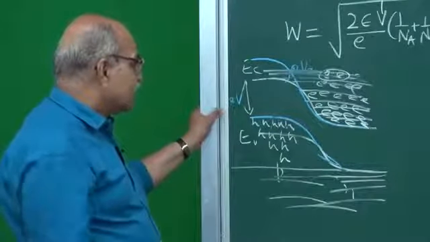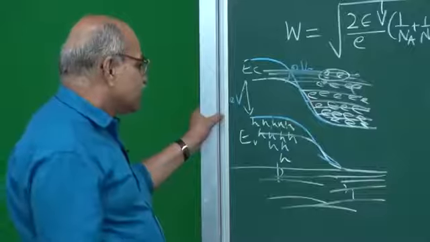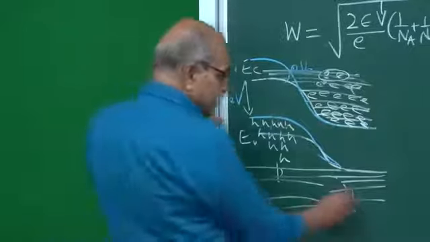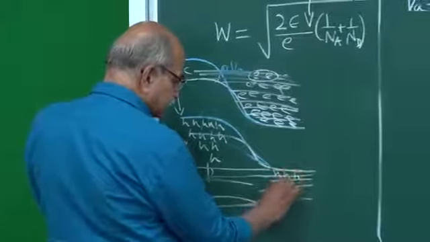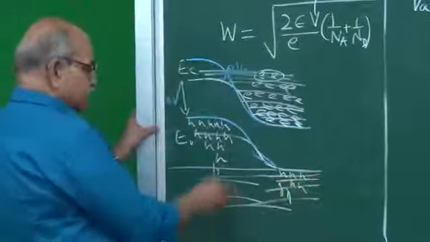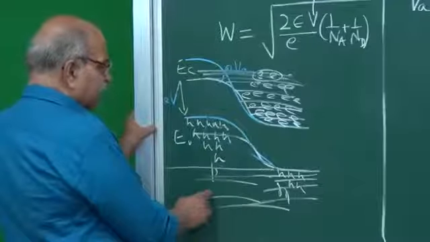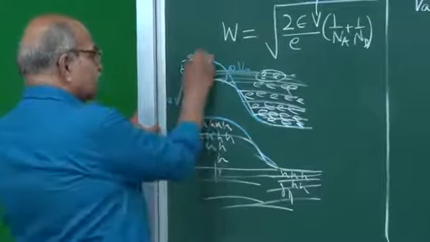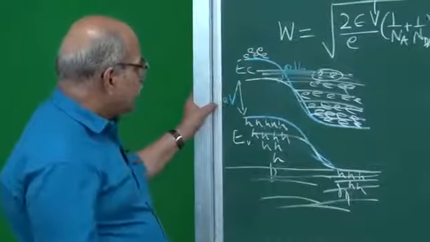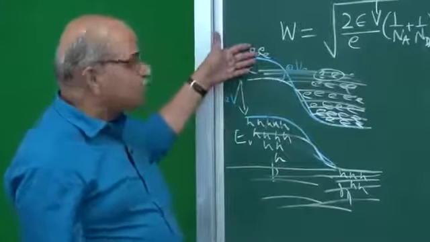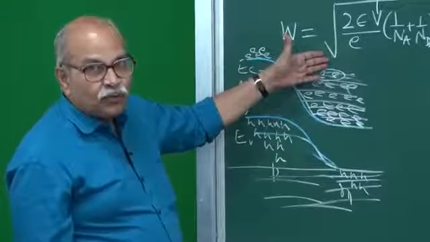Minority carriers. Now look at the minority carriers, what happens? Where are the minority carriers? In the n side, the minority carriers are holes. So these are the minority carriers. And similarly here in the p side, the minority carriers are electrons. So here are those electrons. And you can see that minority carriers can easily go.